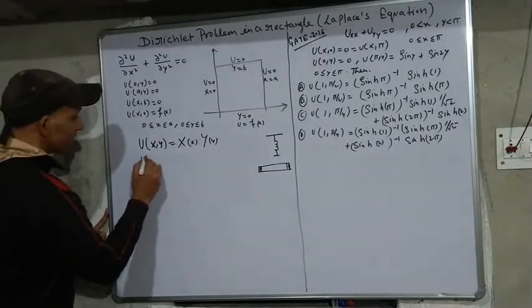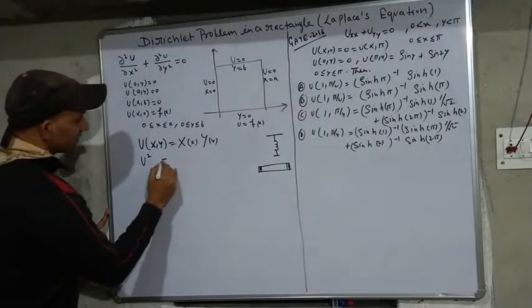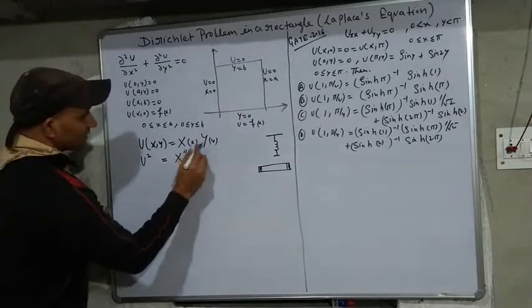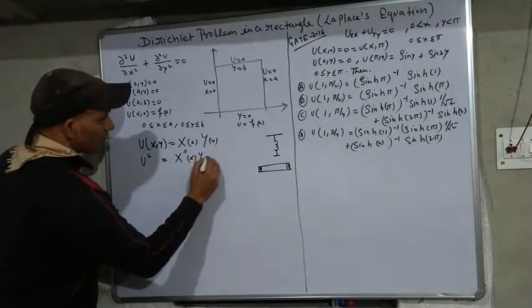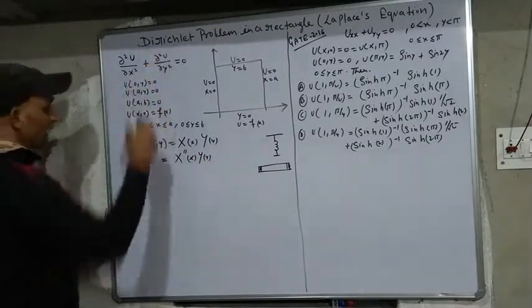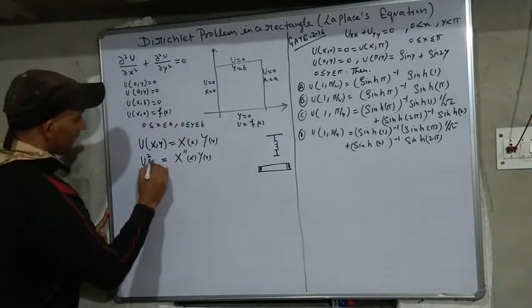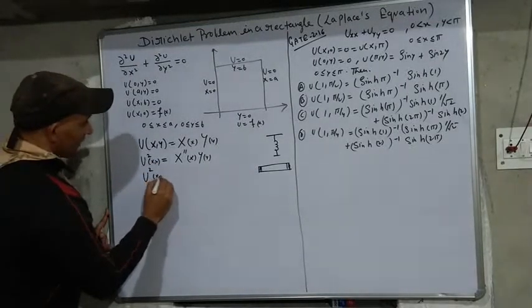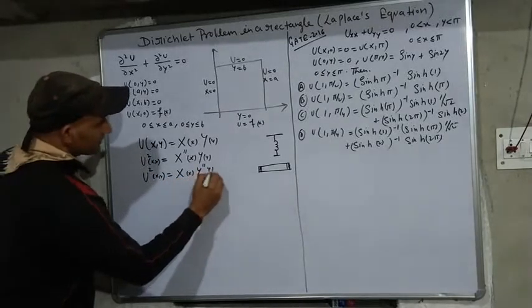So you differentiate two times with respect to x. In this condition, X double dash times Y, since Y is constant. And again you differentiate with respect to y two times, so X times Y double dash.